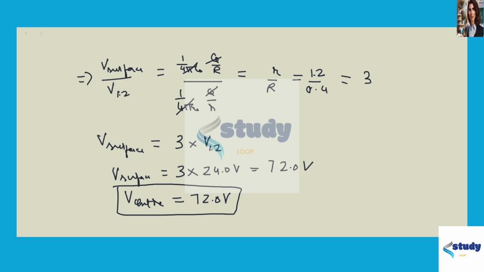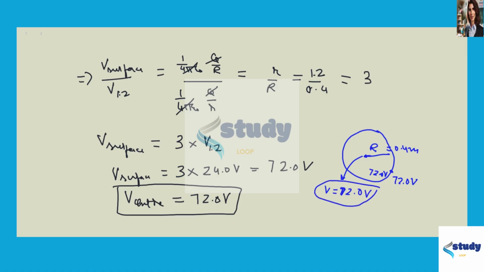So that's your answer. So the sphere has some charge, has radius equals to 0.4 meter. So the potential at this point is also equal to this point. So this is 72 volt. This has also 72.0 volt, and this point has also equal to 72.0 volt. So that's your answer. Thank you.